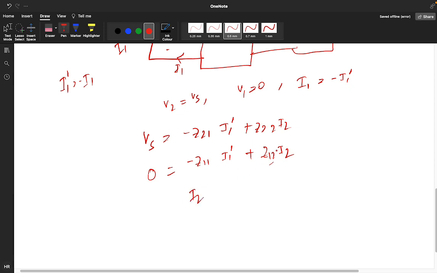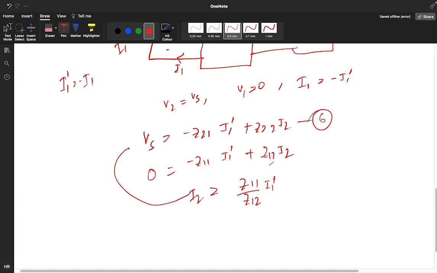Take this as equation 6. From this equation we'll get the value of I2. I2 value will be Z11 divided by Z12 into I1 dash.